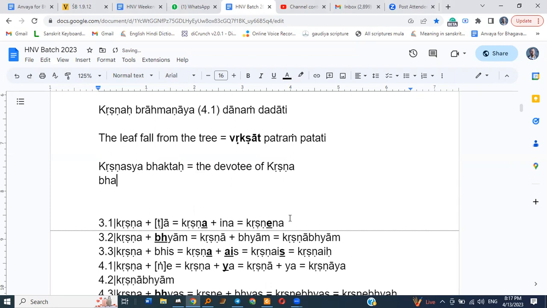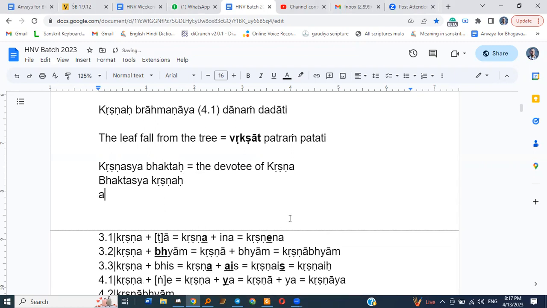Or it could be Bhaktasya Krishna as well, Krishna of devotees. So relation. Arjunasya Putra, Abhimanyu, the son of Arjuna. So indicated by this.